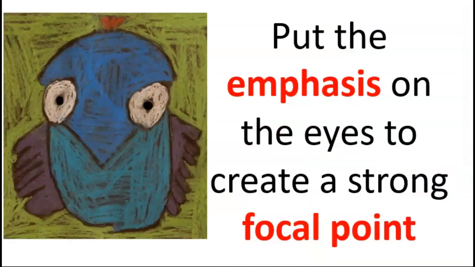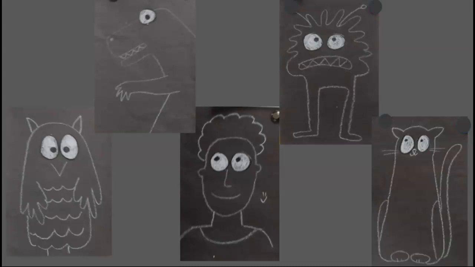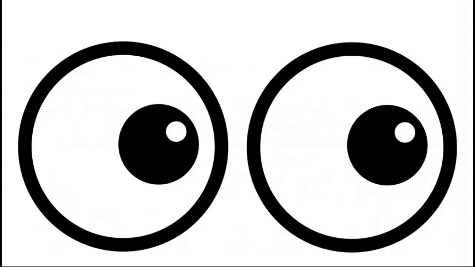For this project, we're going to put the emphasis on the eyes to create a strong focal point. In my class, we use oil pastels on black paper, but there are many different ways to do this. Here's some ideas you can use. You can draw whatever you want, but it has to have great big white eyes to create a strong focal point. See how powerful big white eyes can be.